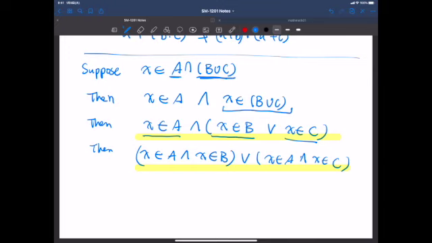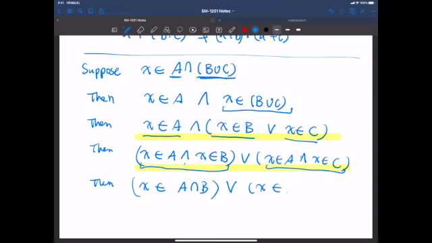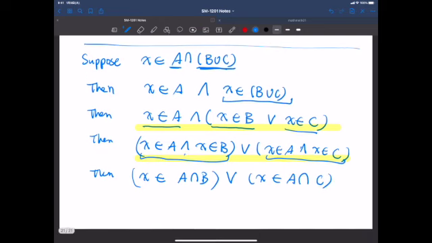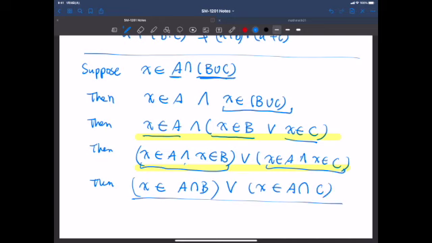They should mean the same thing, right? So now consider this part first. This means x belongs to A cap B according to the definition of intersection. Or the second part, this means x belongs to A cap C. Now consider everything here.